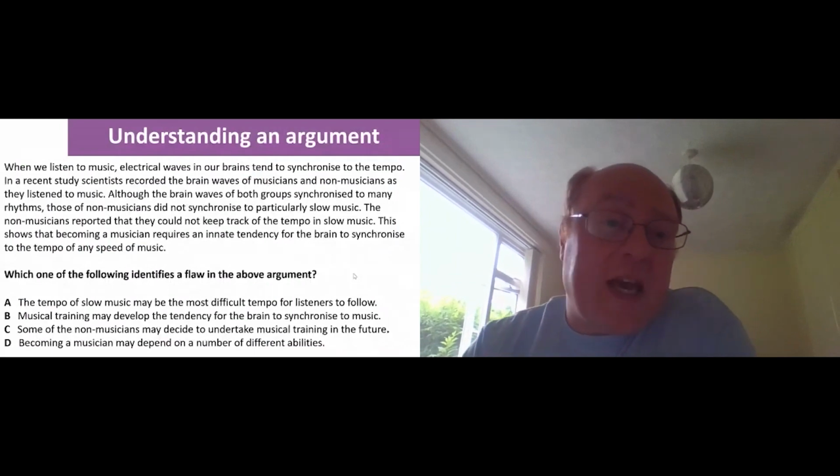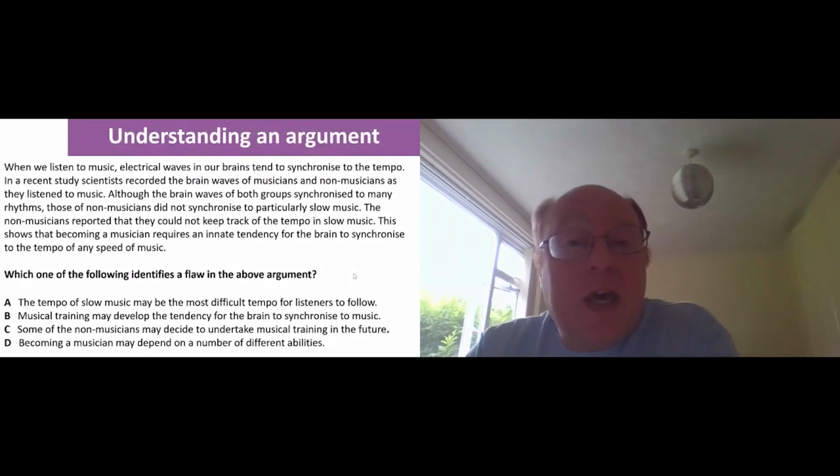So in this case, it's an argument talking about how people learn music and listen to music and understand it. It's also talking about brain waves and the way the brains work. Now, you don't need to know anything about music. You don't need to know anything about brains or how they process and analyze things in order to answer this question.